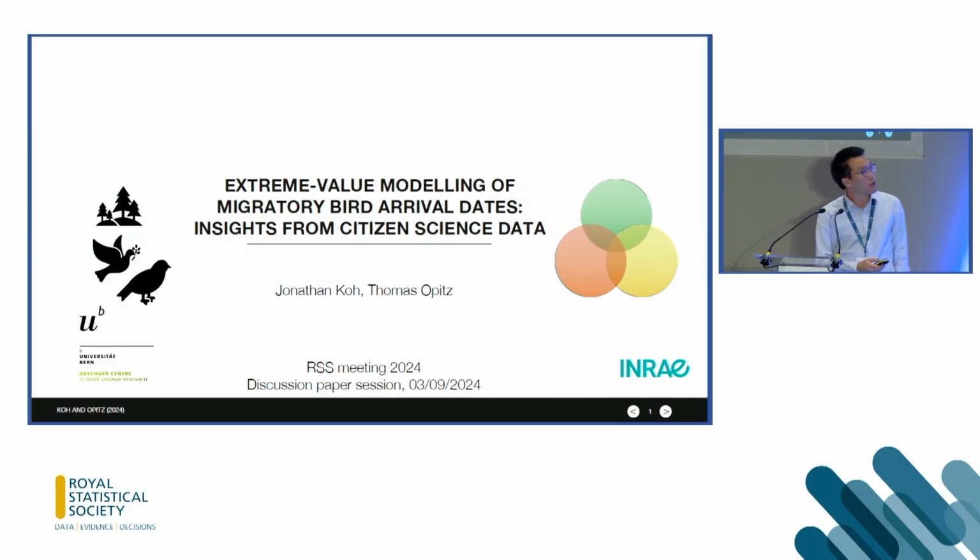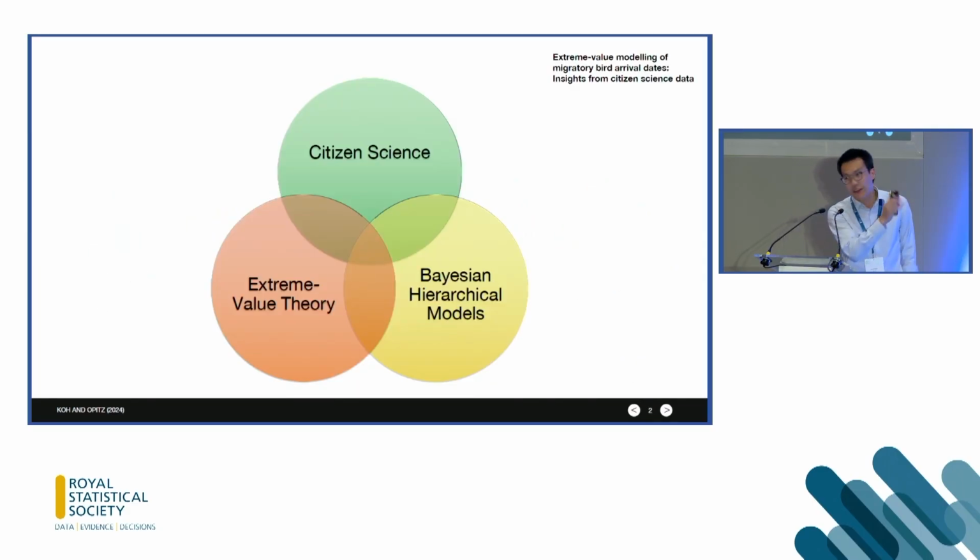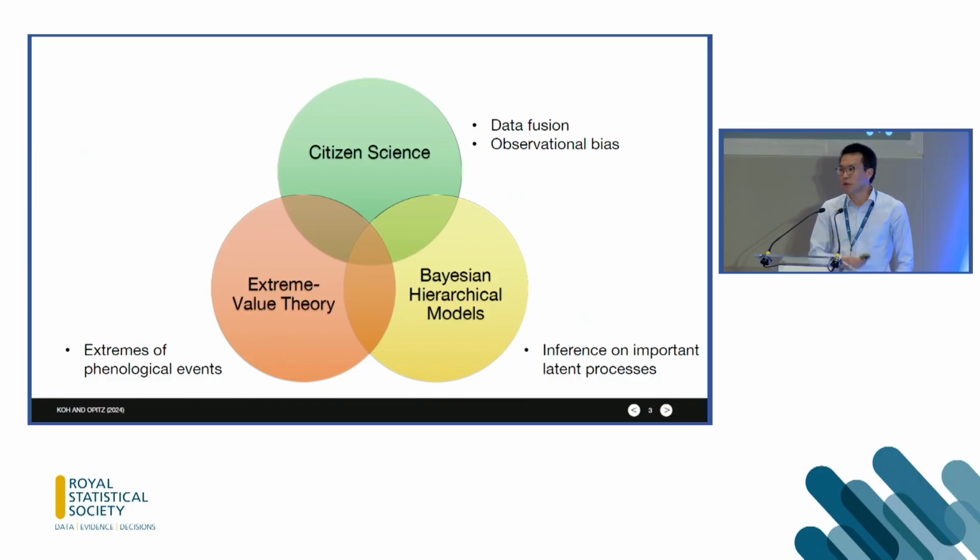So instead, what we'll be focusing on is this Venn diagram over here, these three different colors: citizen science, extreme value theory, and Bayesian hierarchical models. The overarching theme of this session is citizen science data, and that is also the main theme on which this paper is based.